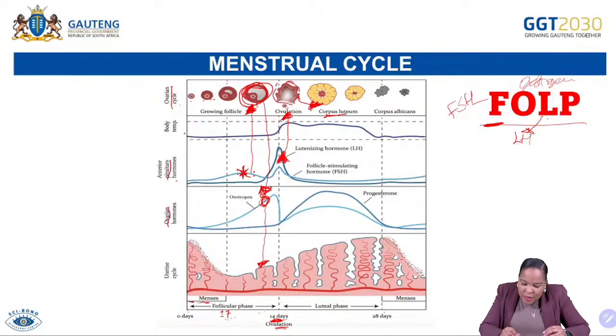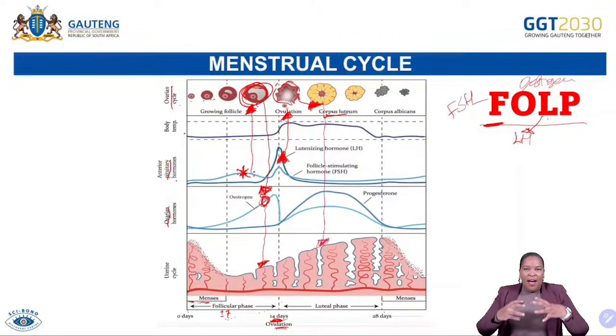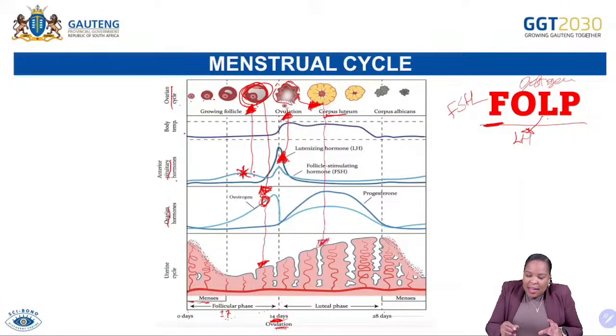And now this corpus luteum, look at what happens once it is formed. You check what is happening in the endometrium. The endometrium is getting more vascular, thicker. Why? Because there's a hormone now being secreted by the corpus luteum, which is called progesterone.